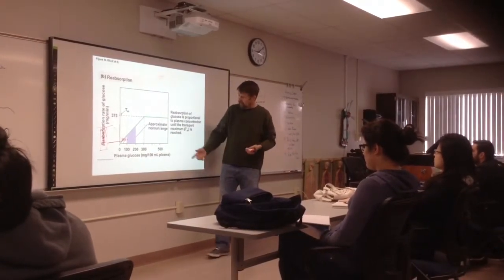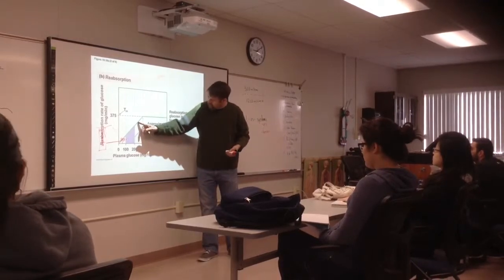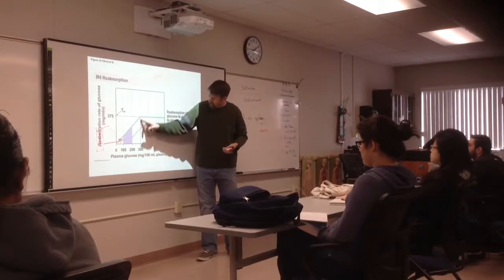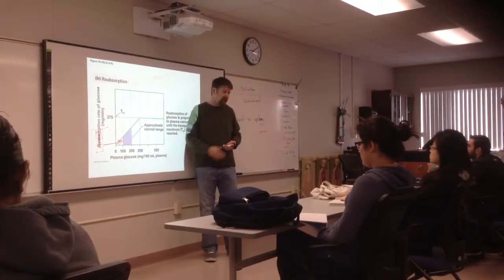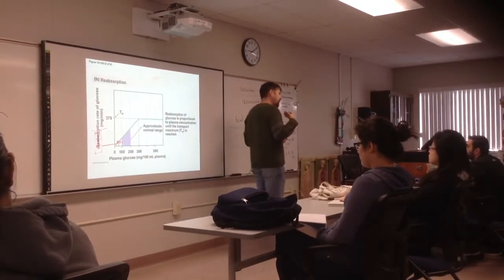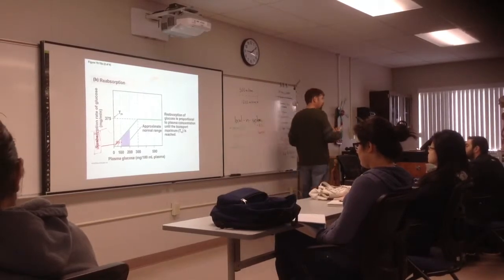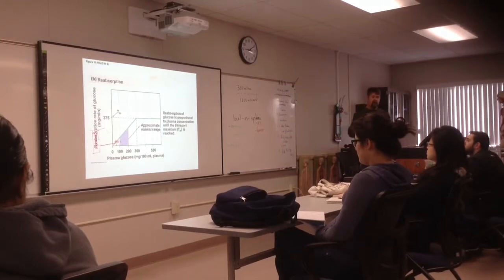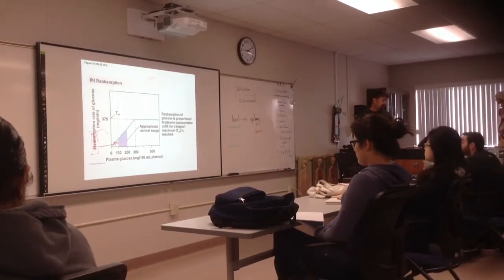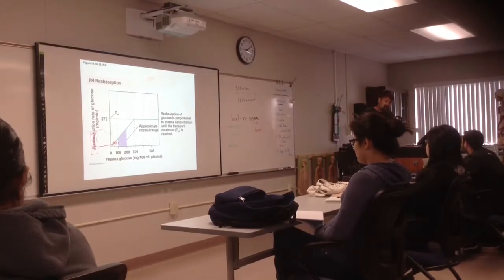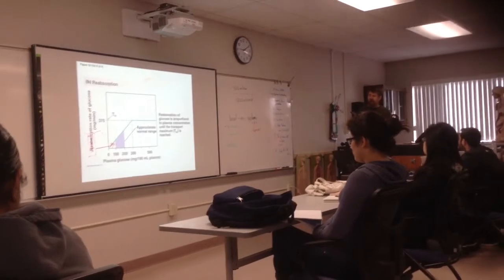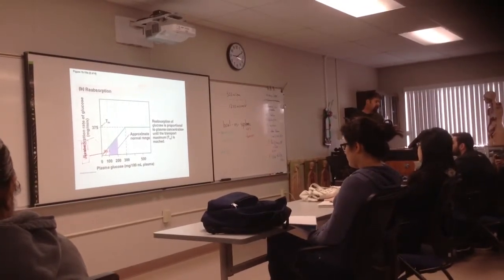If you exceed this too much, you can still reabsorb even more. But if for some reason your blood glucose levels were to exceed about 300, that is where we see the transport maximum occur for glucose, meaning that we only have enough glucose transporters in the kidney, in the nephrons, to reabsorb all of the glucose that's in the filtrate if the glucose levels are below 300 milligrams per 100 mils.